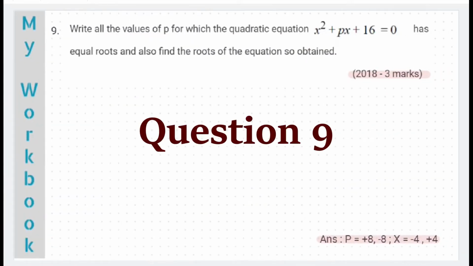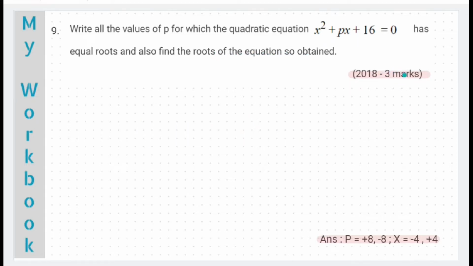Now, ninth question. Write all the values of p for which the quadratic equation x square plus px plus 16 has equal roots, and also find the roots of the equation so obtained. So it's a 3-mark question. The equation given is x square plus px plus 16 equal to 0. So if this equation has equal roots, the discriminant b square minus 4ac should be equal to 0.